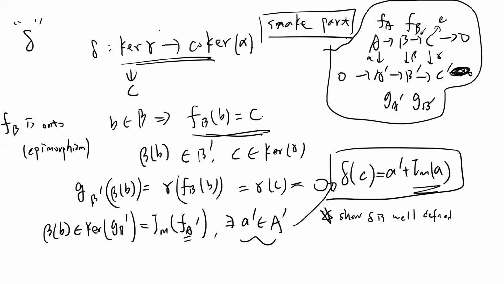Also you know that G A prime is injective, because I already said that left exactness implies injectivity. So if G A prime of something is 0, then that something is 0, so alpha A is 0.